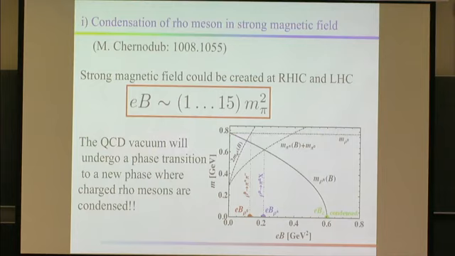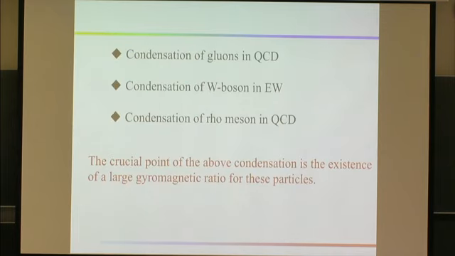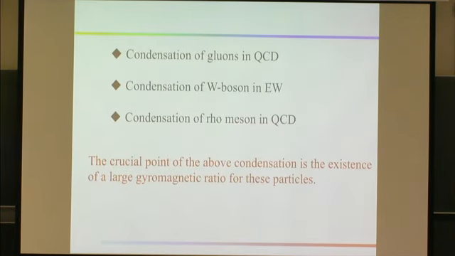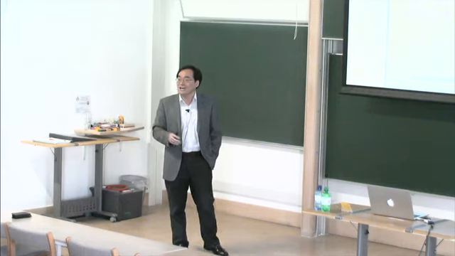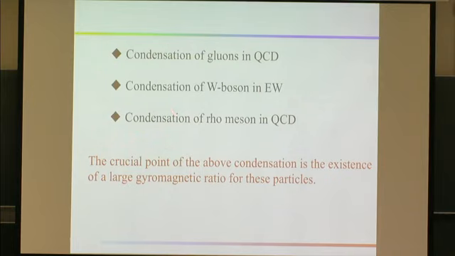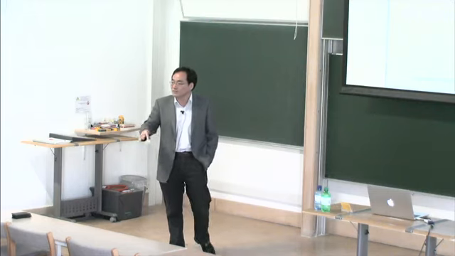In a paper by Chernodub, he used another point of view. Such rho meson condensation behaves very much like other condensations, for example gluon condensation in very strong magnetic fields. But this magnetic field is not the Maxwell one, but the color magnetic field. It is also like the W boson condensation in the electroweak theory, also in very strong magnetic fields.